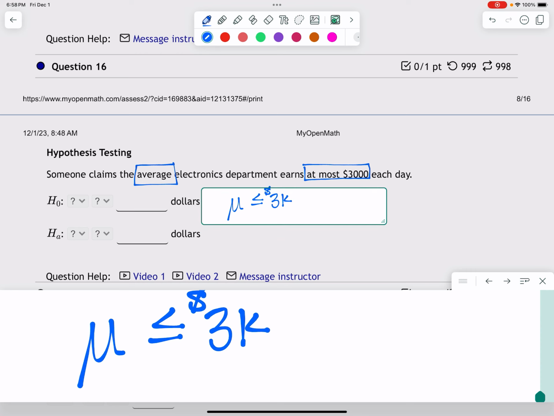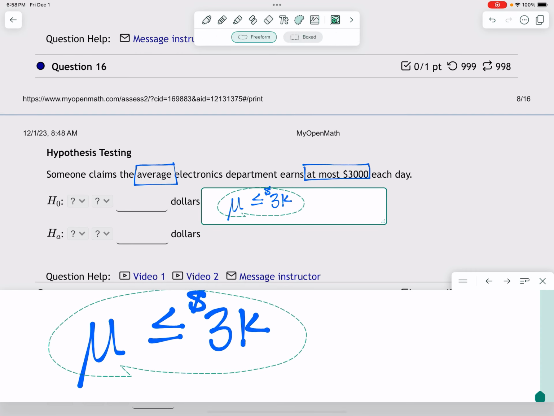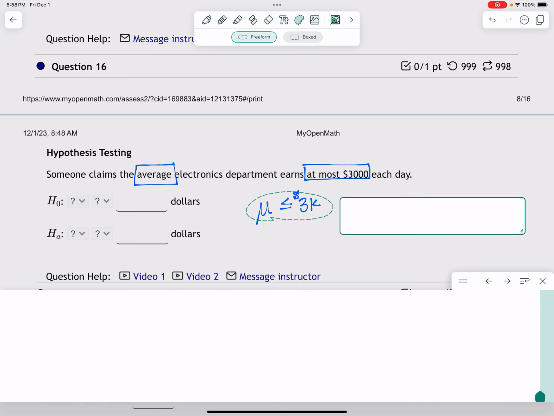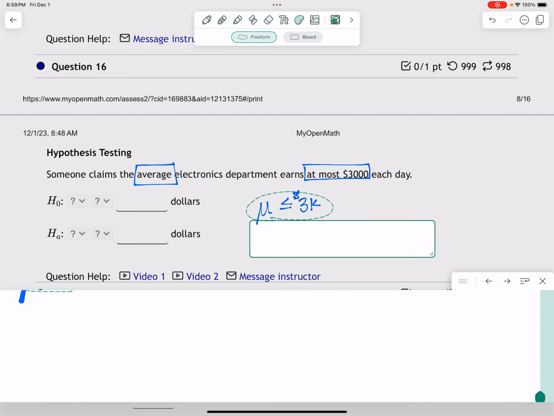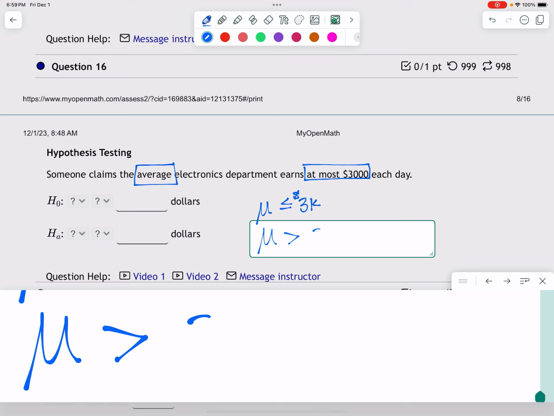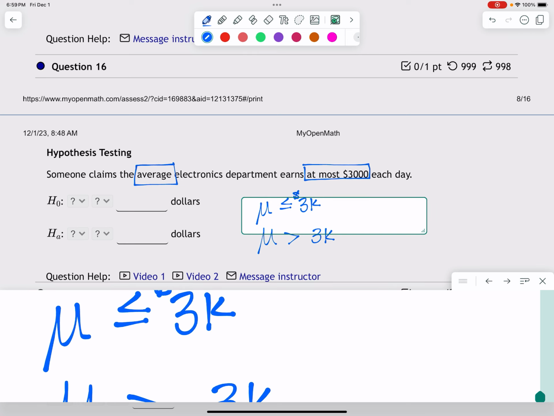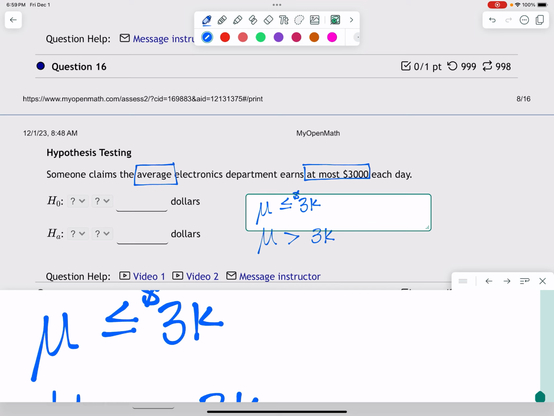So then I state the opposite. I'm going to make the opposite of my claim. The opposite of less than or equal to is greater than 3,000. Then you have to turn those into your null hypothesis and the alternative hypothesis. Remember, the one with the equal to in it gets you the null hypothesis.